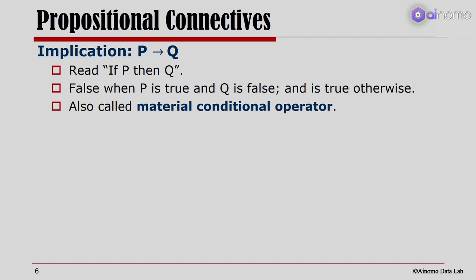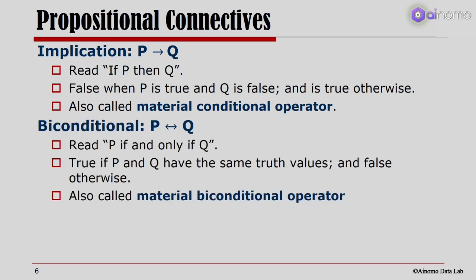Implication is also called material conditional operator. We have the biconditional P if and only if Q. The biconditional is true if P and Q have the same truth values and false otherwise. The biconditional connective is also called material biconditional operator.